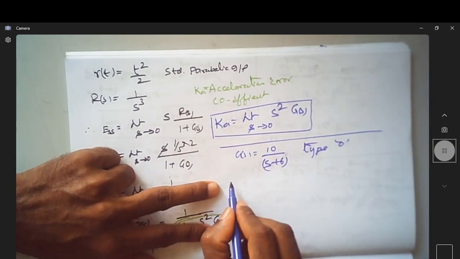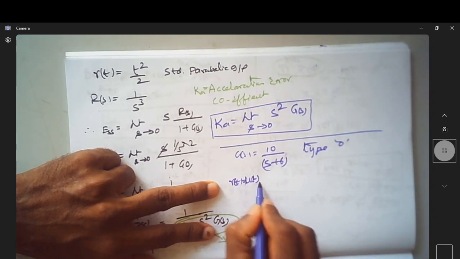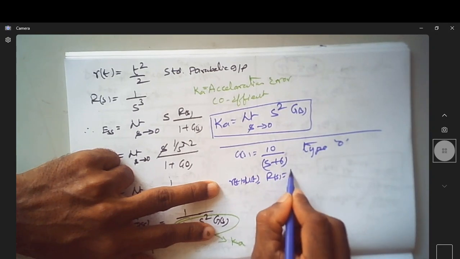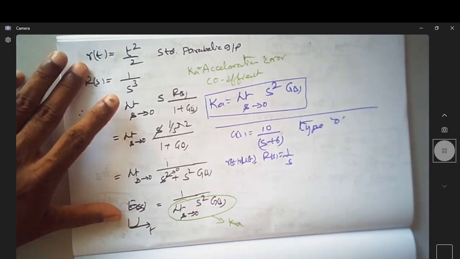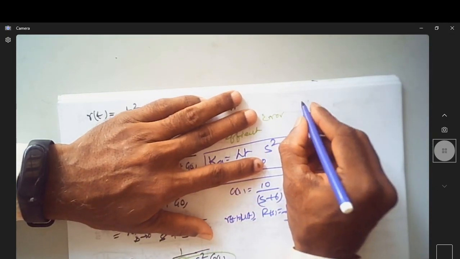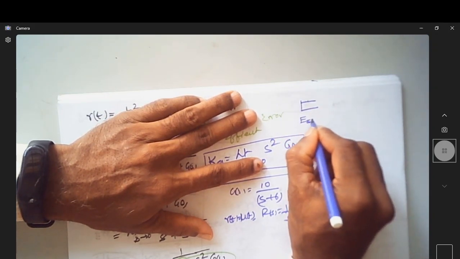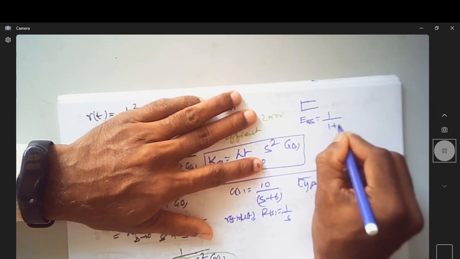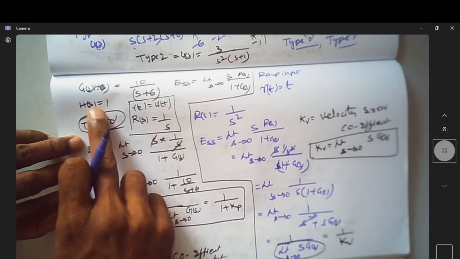Let's consider R of t as a unit step, so its R of s is 1 over s. Let me summarize here: if it is a unit step input, ESS is 1 over 1 plus KP. That's what we had here.